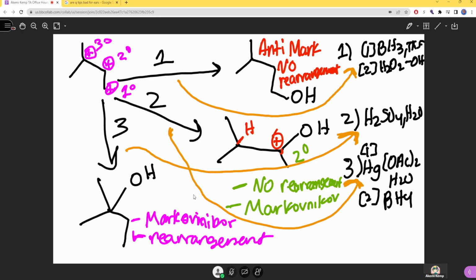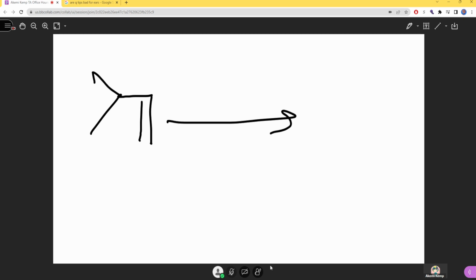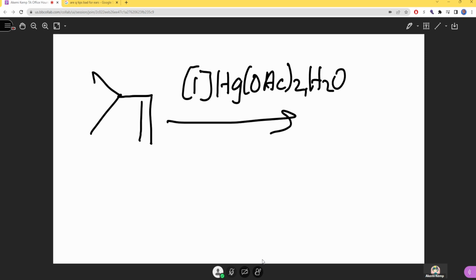So for example, I'm going to erase all this. Let's say we're doing that reaction with Hg. Let me draw it. We were reacting this product here. When we use HgOAc2 and H2O, and the second was NaBH4, what happens is the alkene breaks.